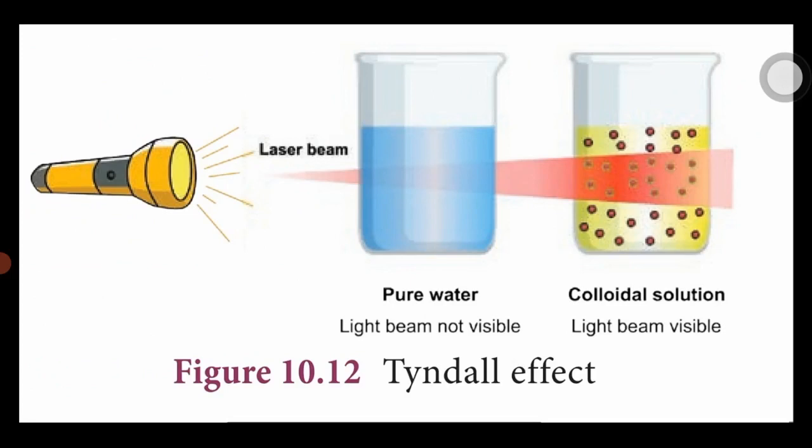In a colloidal system, when the beam of light passes through, the particles are visible. The light beam shows some visible particles, that is colloidal particles. That is the Tyndall effect. Scattering of light is called the Tyndall effect.